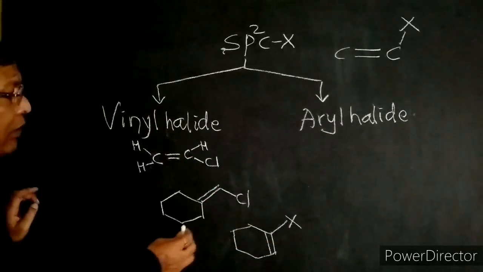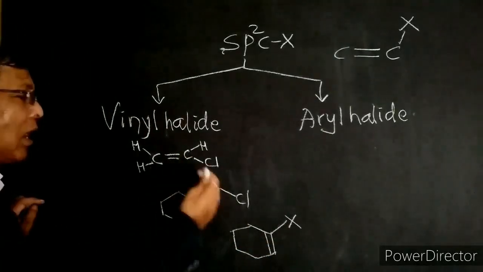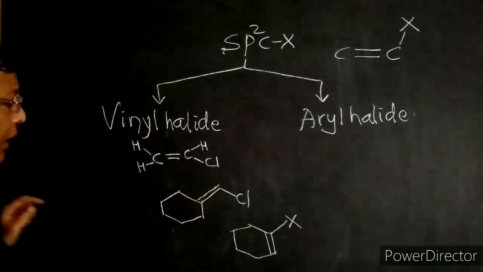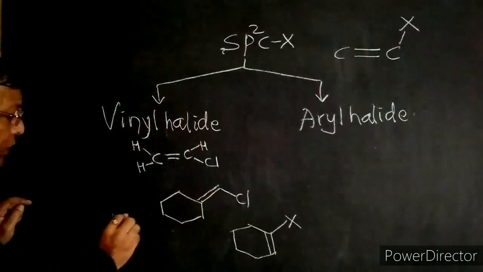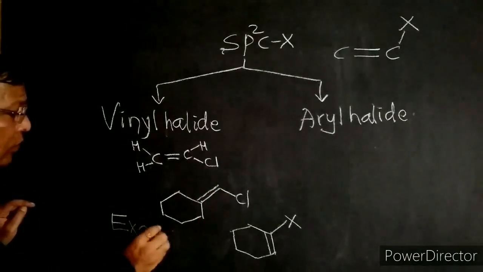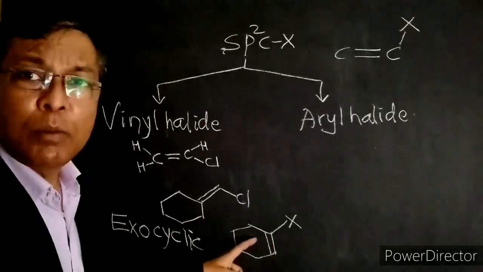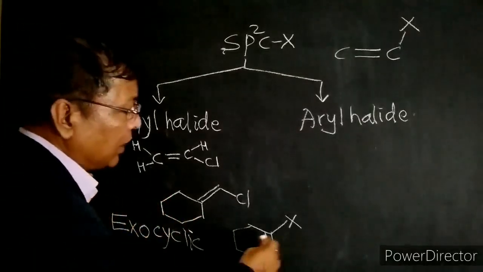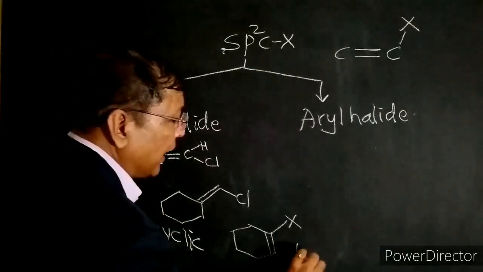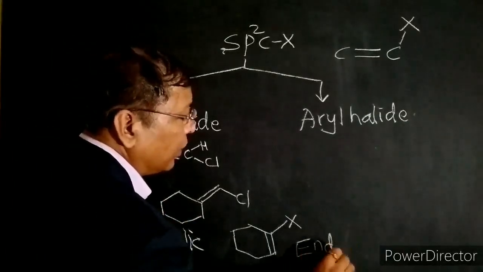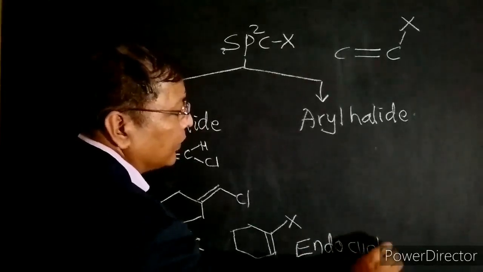If the double bond is present outside the ring, it is called an exocyclic compound, and when the double bond is present inside the ring, it is called an endocyclic compound.